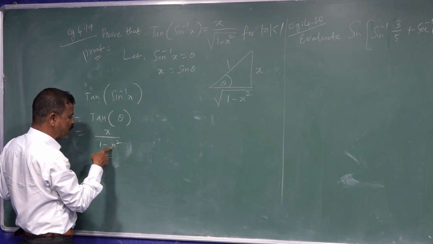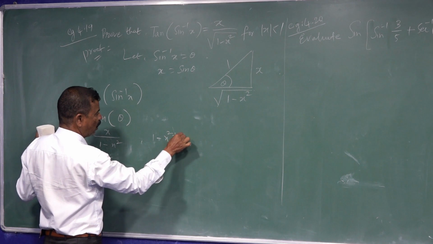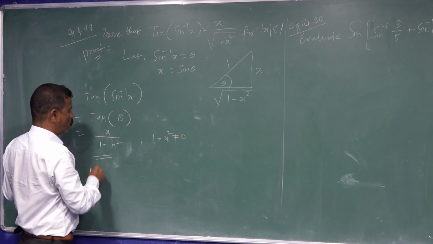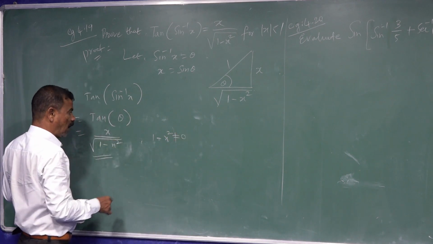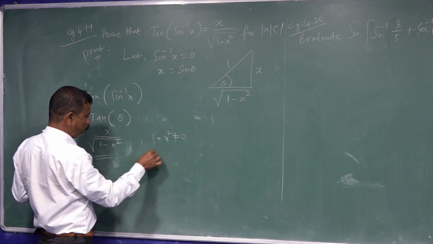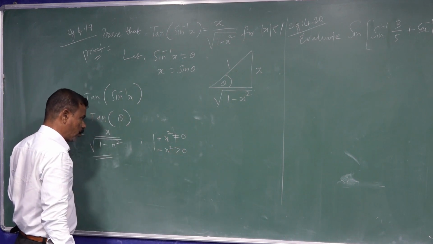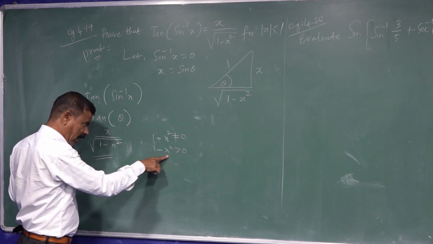So here 1 minus x square is not equal to 0, and the under root is also there. After that, this value is not negative, it is positive. 1 minus x square is greater than 0, not equal to 0, so only greater than 0.